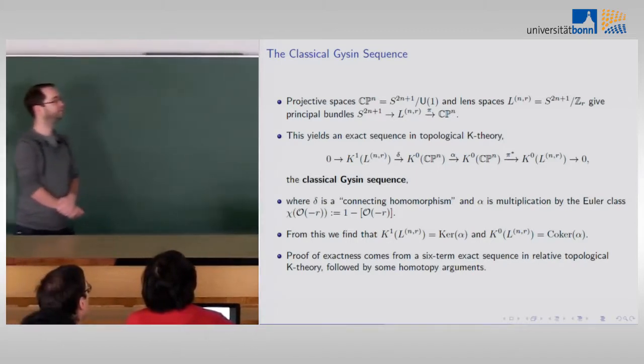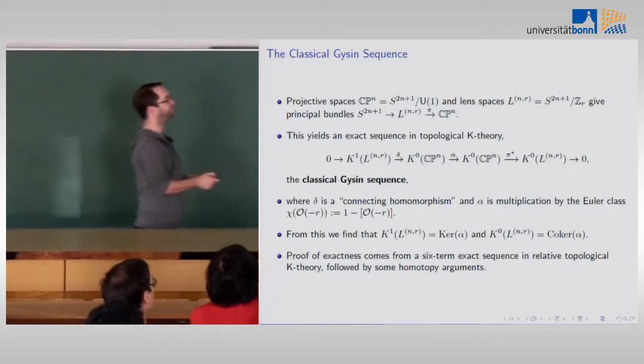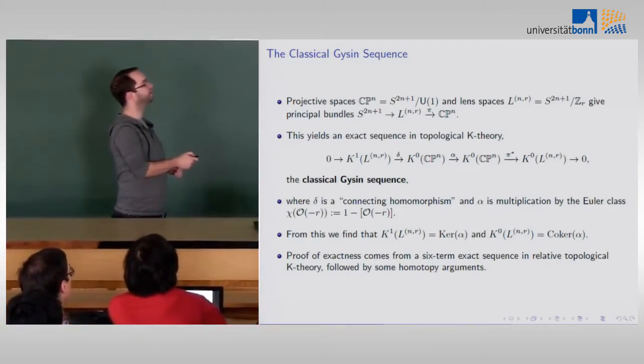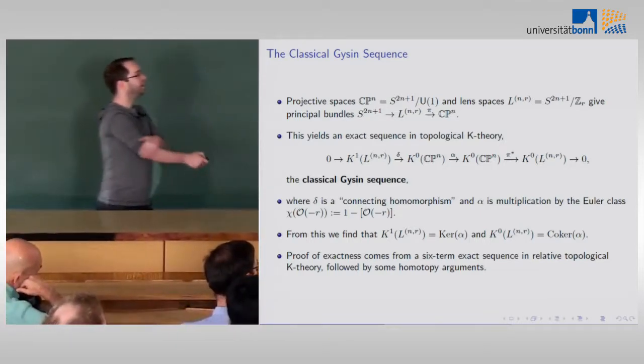I'm not claiming this is obvious how you get this yet, but you get a sequence from the odd K-theory of the lens space into the even K-theory of the projective space, back into itself, and then into the even K-theory of the lens space. What are these maps?